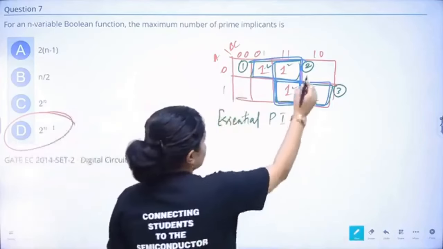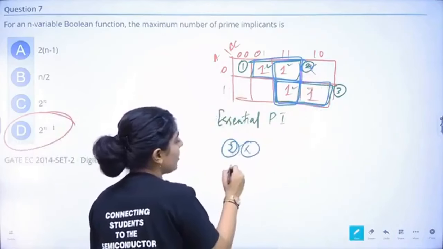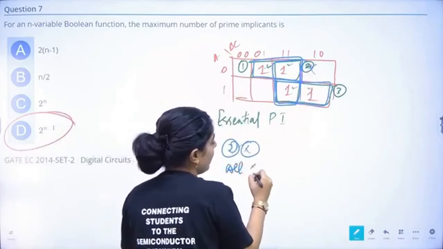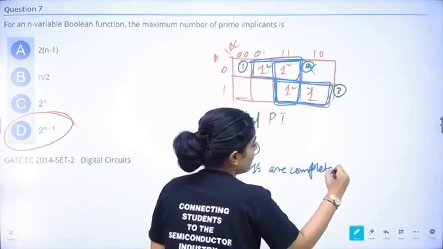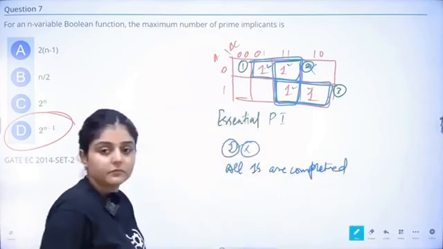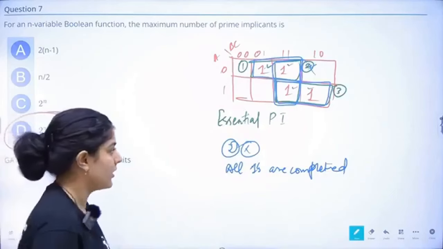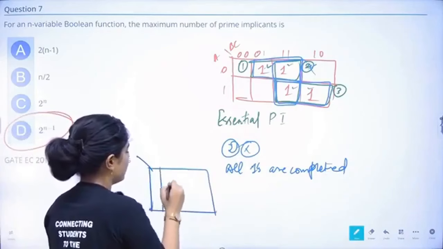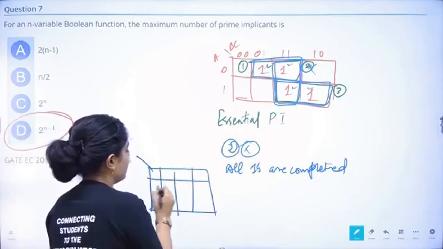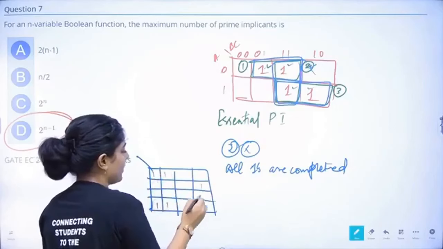This is unnecessary. Pair number 2 is not needed because all the ones are already covered. As simple as that, right? So these are the essential prime implicants.